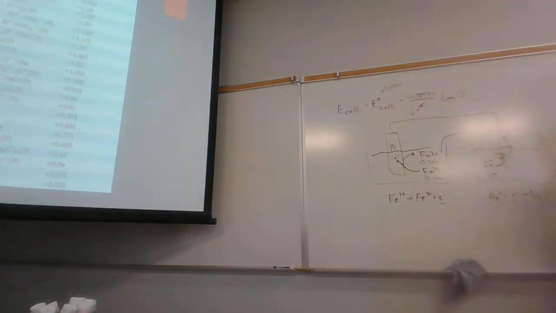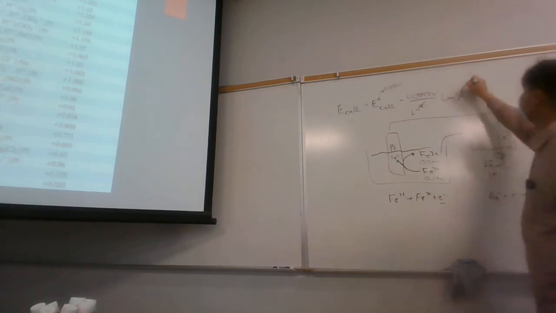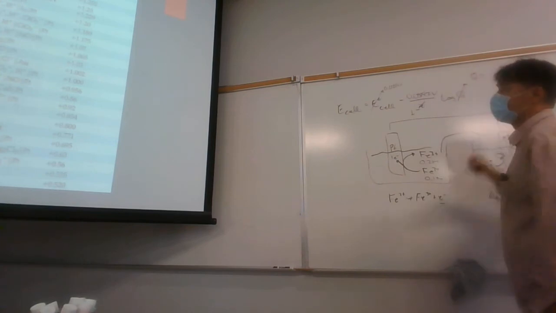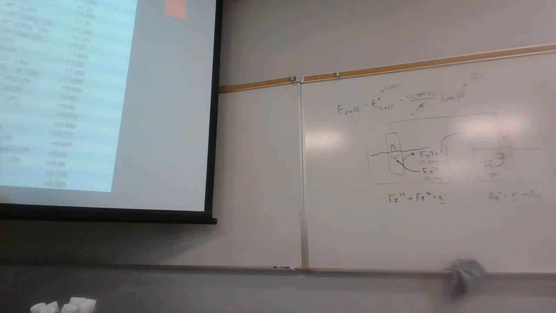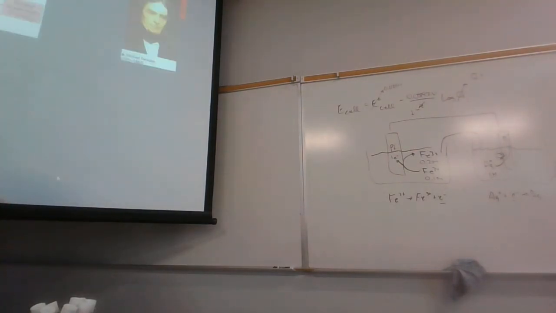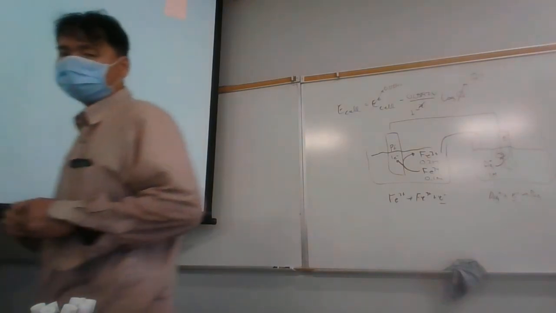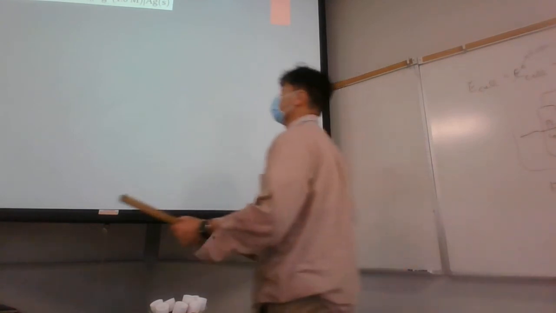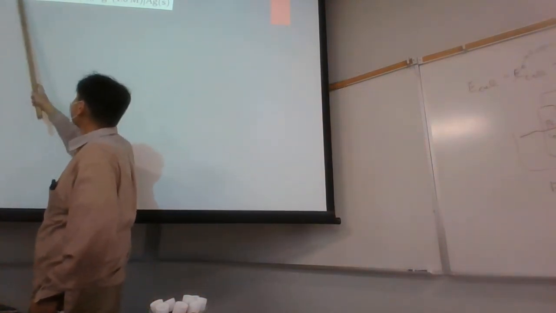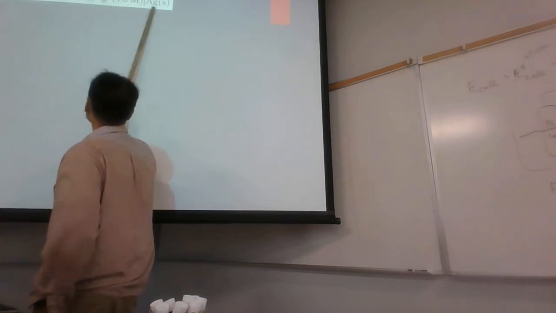Now Q is going to be the products over the reactants. So let's calculate what Q is. Q is equal to the products. There are different ways we can see that. We can see it in the combined reaction, probably the easiest, or we can see it here. This is reactant to product. Iron 3 is a product, and silver metal is a product.